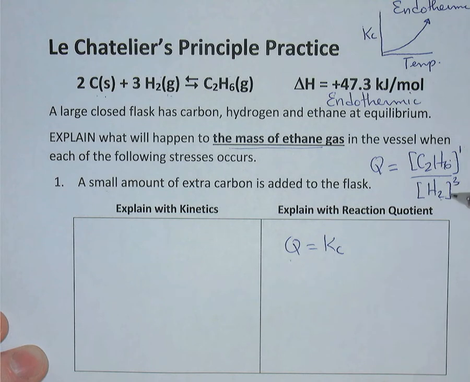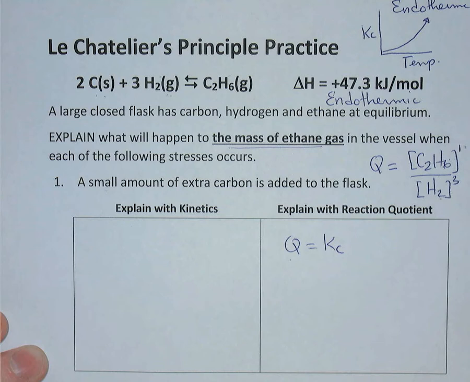But then, instead of talking about the hydrogen and ethane, I talk about the numerator and denominator of Q. The denominator of Q is third order, so increasing the concentration of hydrogen will increase the denominator more than increasing the concentration of ethane in the numerator, which was only first order. That means the denominator gets larger and Q will end up getting smaller. If Q is smaller than Kc, it'll lead to a forward reaction and you'll end up with more ethane gas at the new equilibrium.